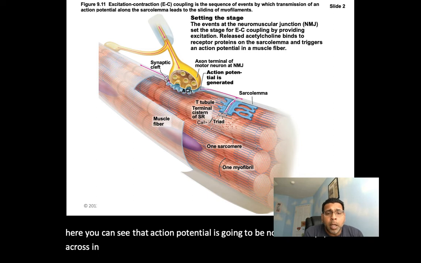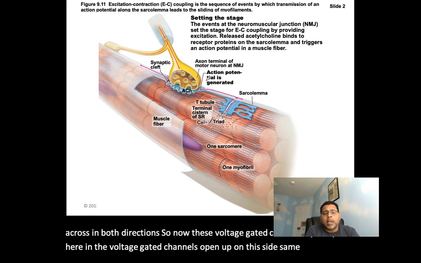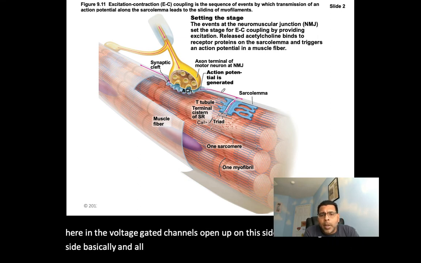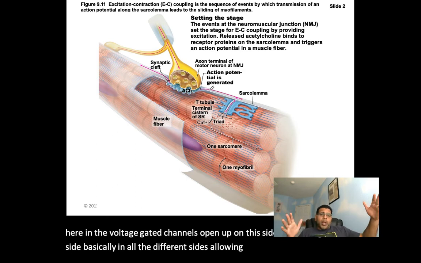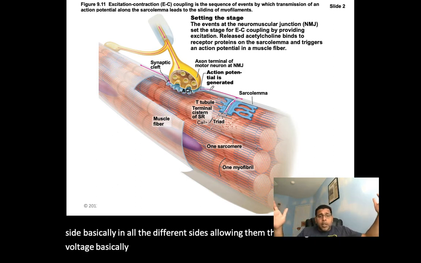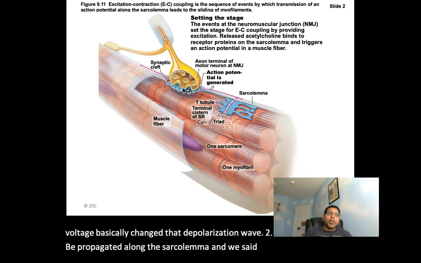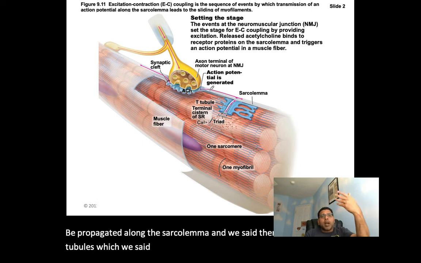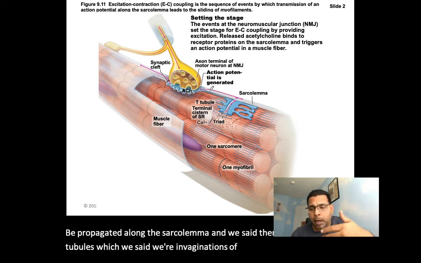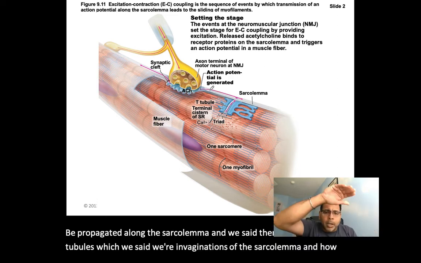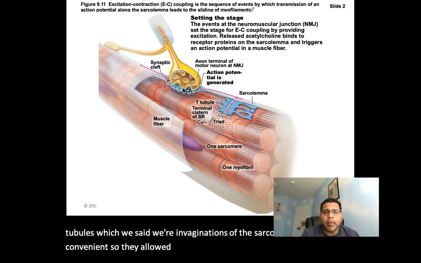Now these voltage-gated sodium channels open up on this side, same thing on this side, in all the different sides, allowing that voltage change, that depolarization wave, to be propagated along the sarcolemma. And we said we have these T tubules, which are invaginations of the sarcolemma, and how convenient. They allow this depolarization wave, this action potential, to travel down.